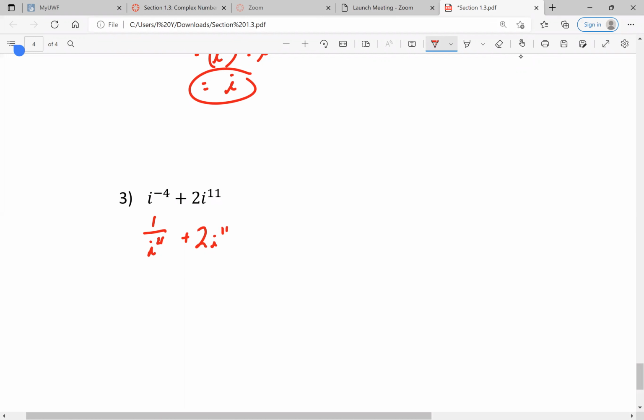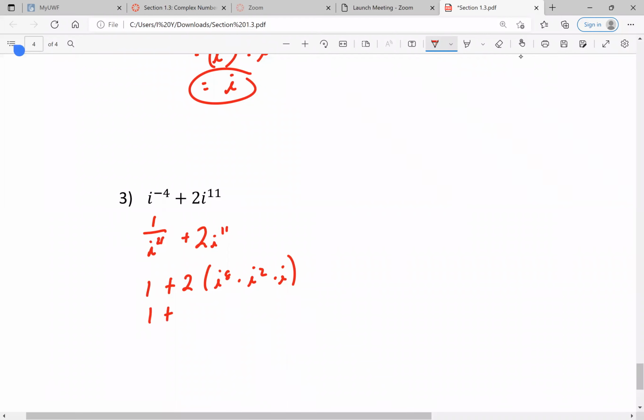Well, i to the 4th is simply 1, so this is 1 plus 2 times, let's break this down, i to the 8th times i to the second times i.